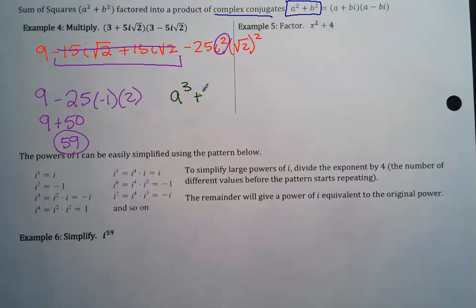My b value is 5i times the square root of 2 squared. And I just realized I have this cubed. Oh my goodness, and it's supposed to be a 3. What am I doing?